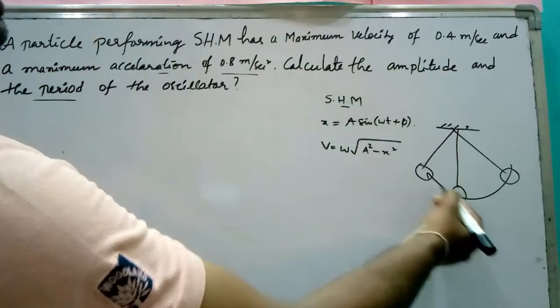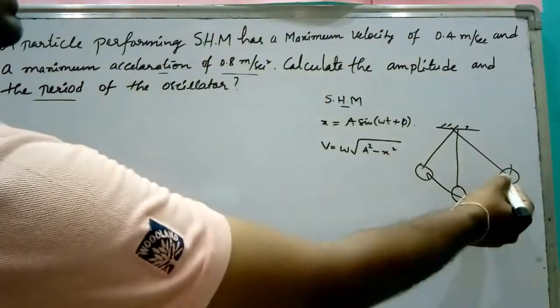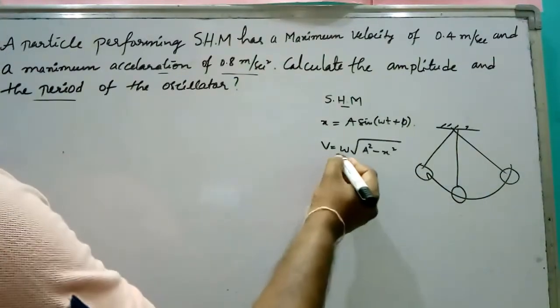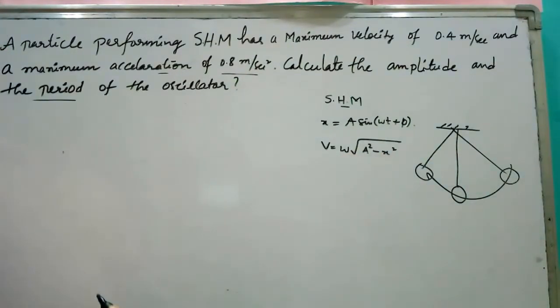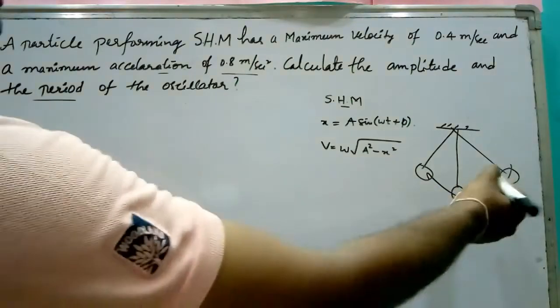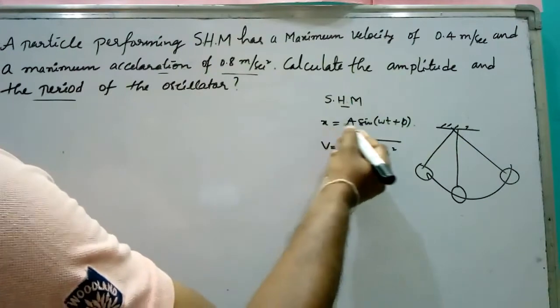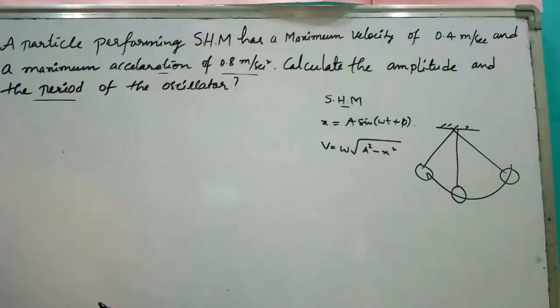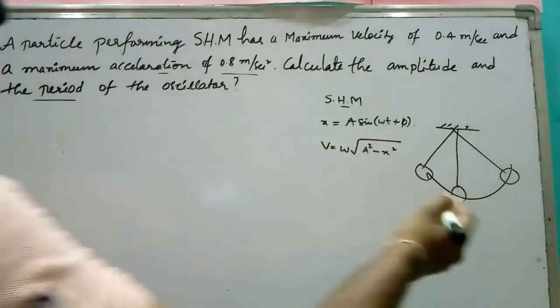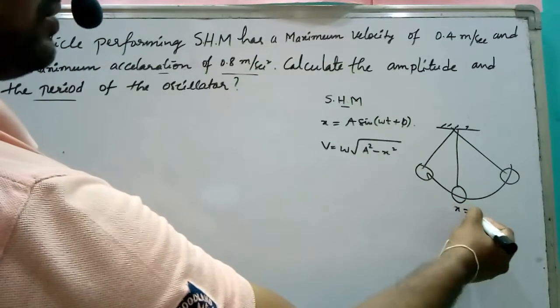So when it executes simple harmonic motion, the velocity equation is v equal to omega into under root of a square minus x square. The displacement equation is x equal to a sine of omega t plus pi. This position indicates x equal to 0.